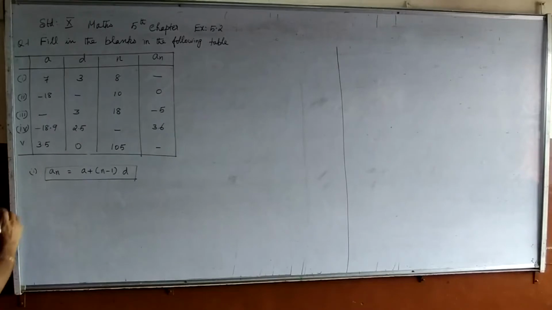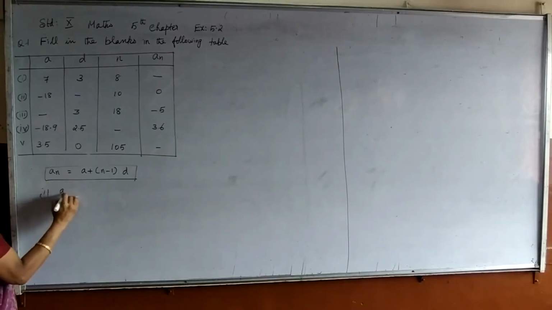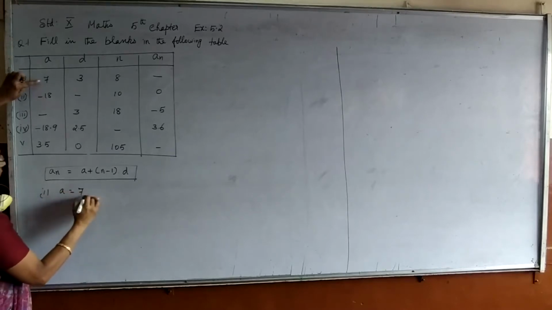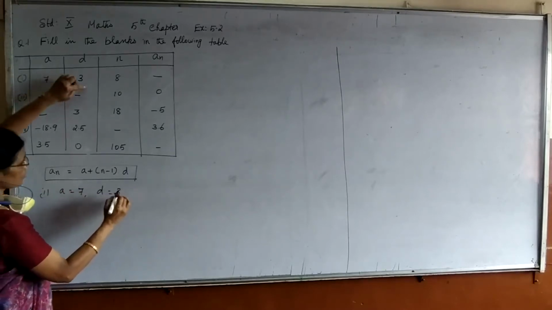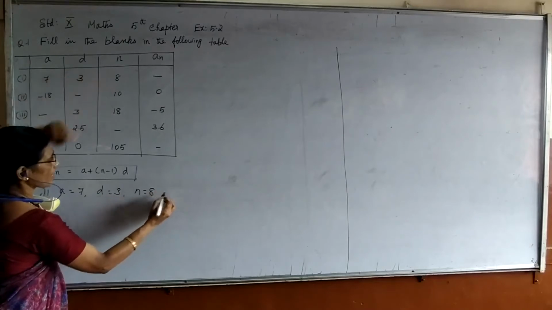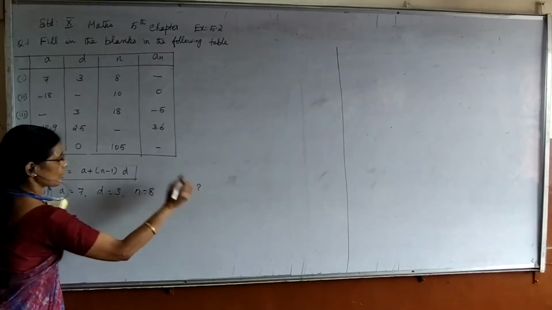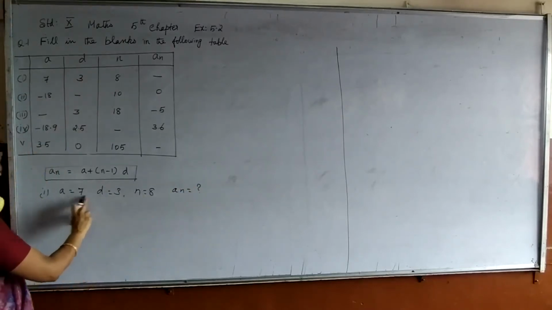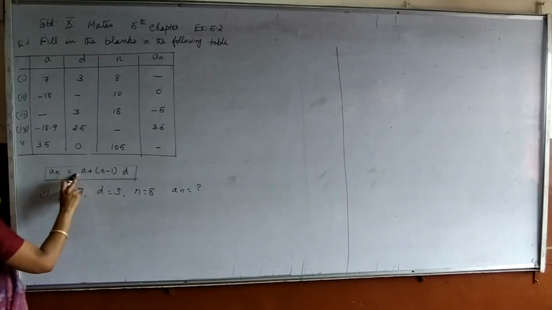In the first subdivision, A is 7, D equal to 3, N is equal to 8, An is the question mark. We substitute all these terms in this result.